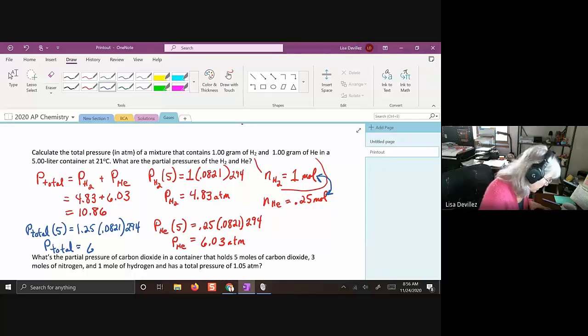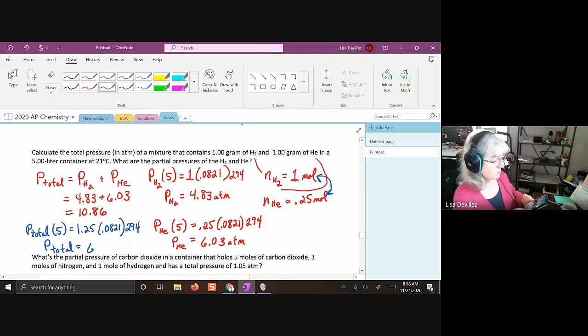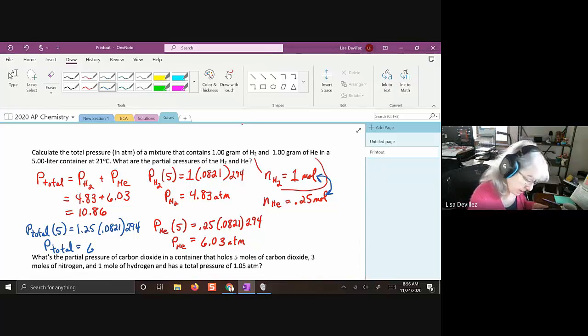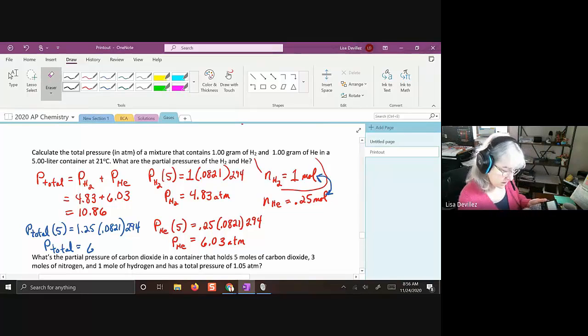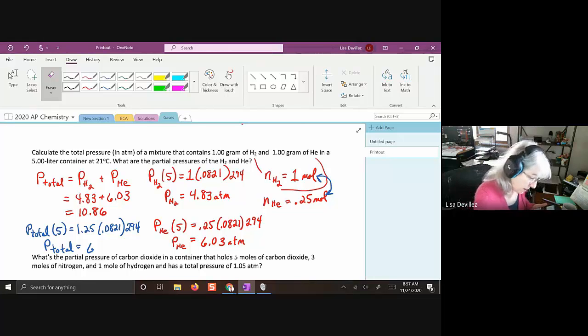Did I make a mistake with my other? Oh, wait, I didn't divide that by 5. Okay, hang on. Let me redo that. Let's see, 0.25 times 0.0821 times 294 divided by 5. Yeah, there we go. That's better.